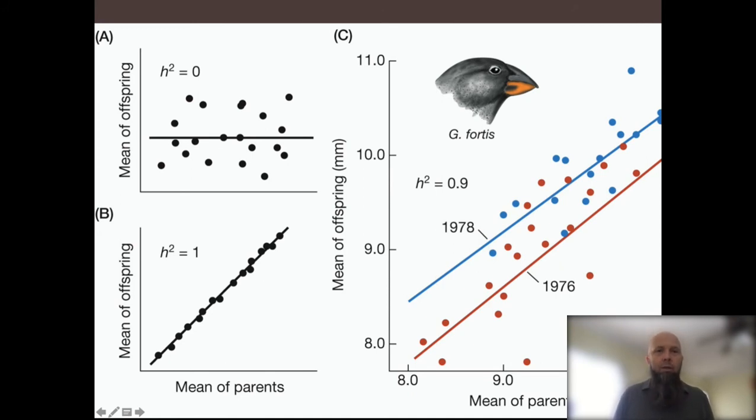A heritability of 1 is incredibly uncommon, since there's some variation introduced by other aspects of the environment. Heritability of 0 could be something as simple as your taste in music, which is probably not highly heritable. But your affinity for chocolate might be a bit more heritable.